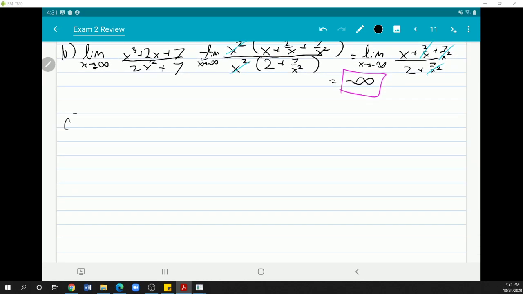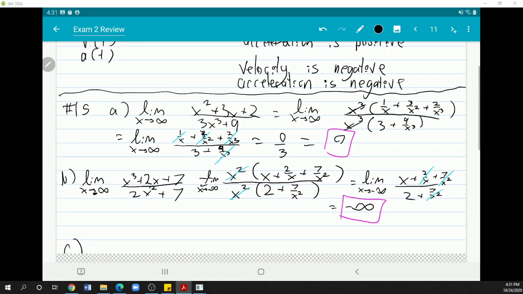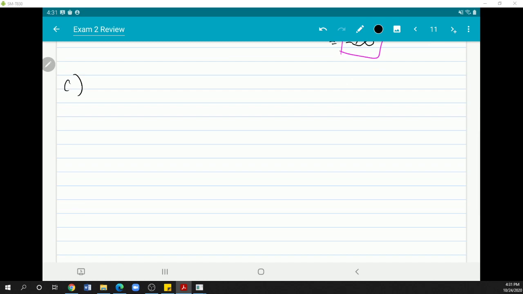Okay. So part C, did I label which number this was? Yes. Part C, we have the limit as x goes to infinity of 10x squared plus 2x plus 4 over 4x squared plus 10.